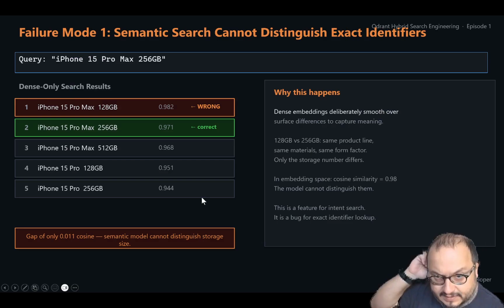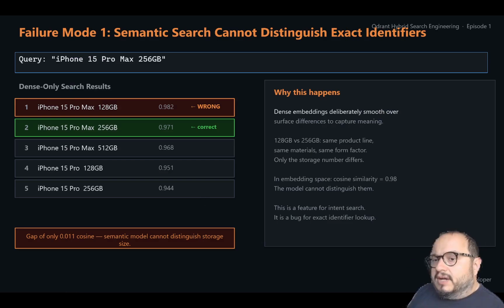Here's what the exact failure mode is. You have a product catalog. You have dense embeddings of every product. A user searches for iPhone 15 Pro Max 256GB. Your embedding model, let us say all-MiniLM-L6-v2, something like that, encodes both the 128GB and 256GB variants into the same 384-dimensional space.